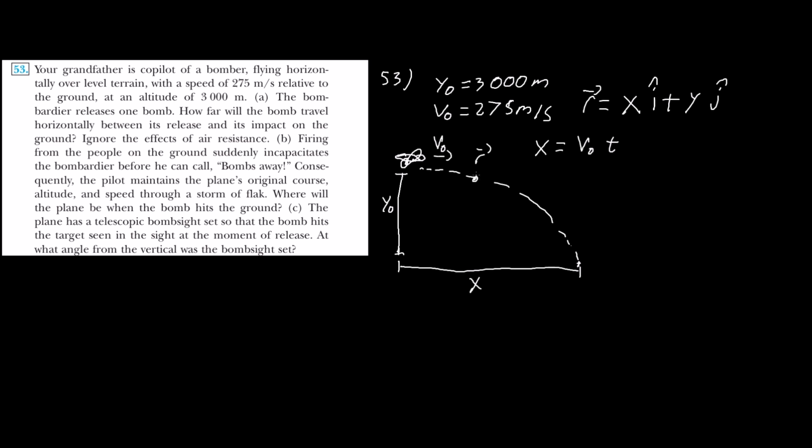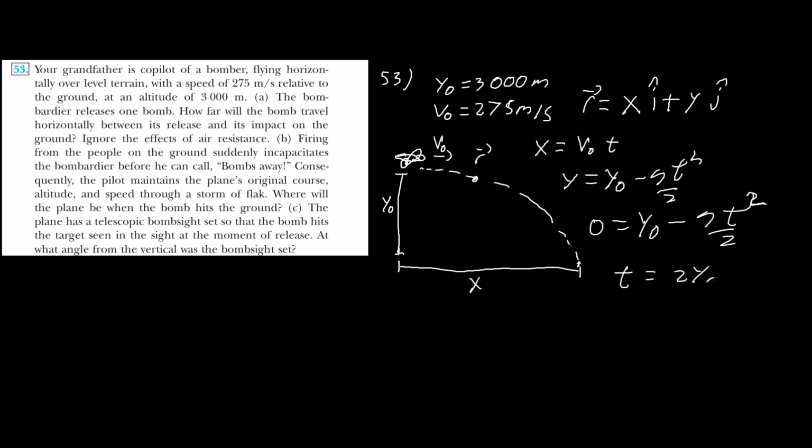But we're going to find this specific time where y is 0. So the equation would normally look like this: y equals y naught, the initial height, minus g t squared over 2. That's really all the motion. We're going to let y be 0 and find the time it takes to fall that height, and that time is really just the square root of 2 y naught divided by g.